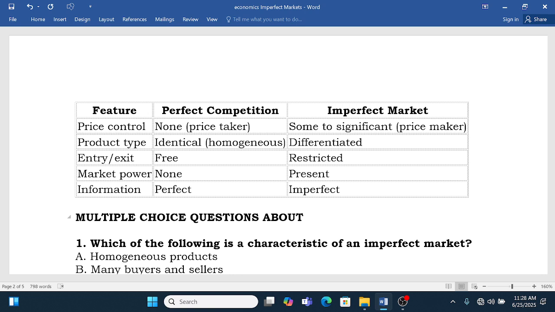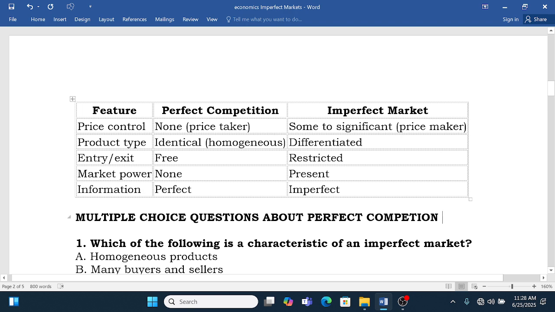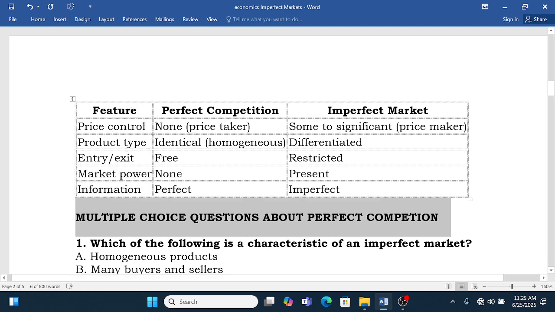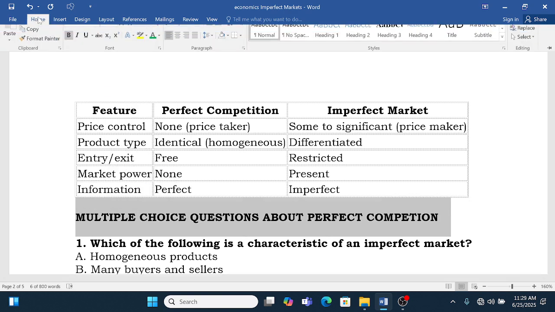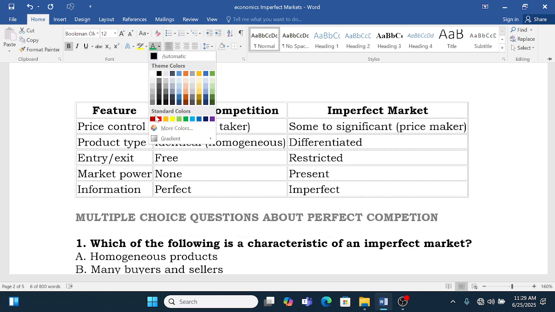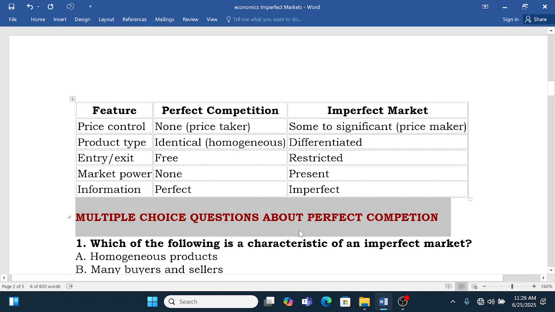We are going to look at different multiple choice questions relating to competition, and we look at their answers together. Let's start with question number 1.